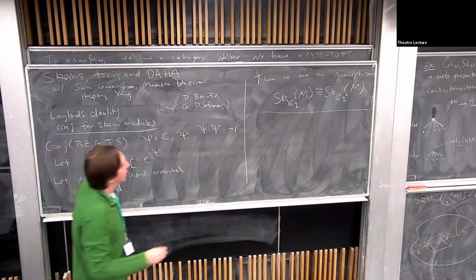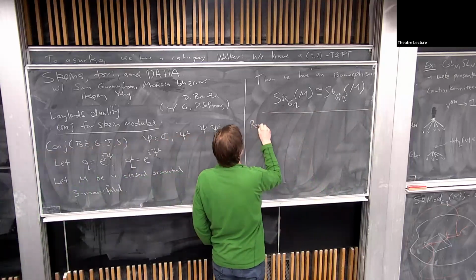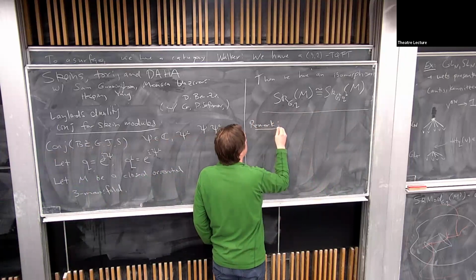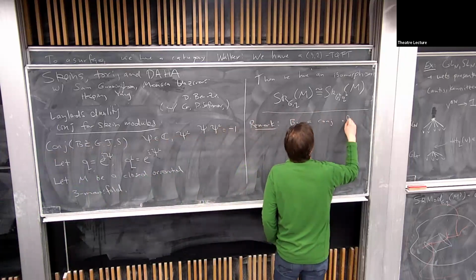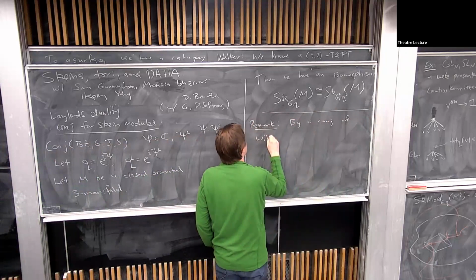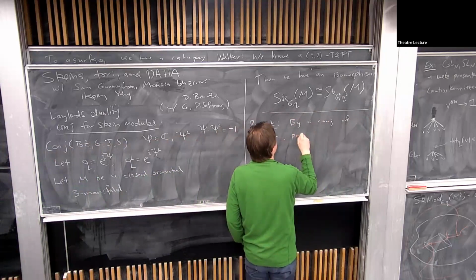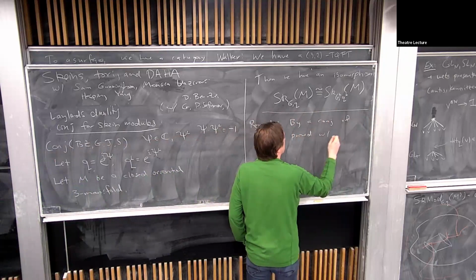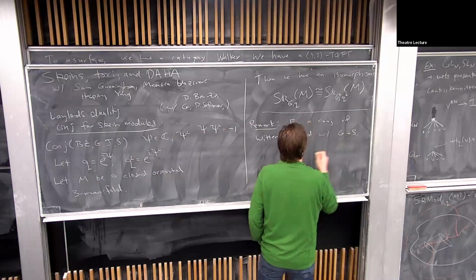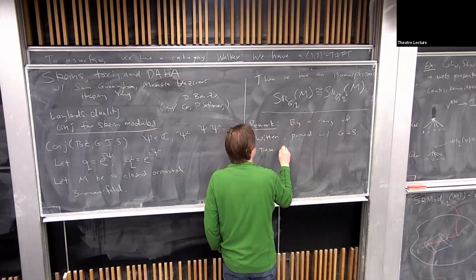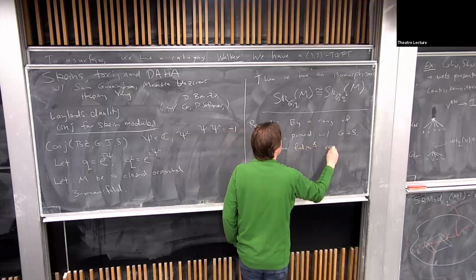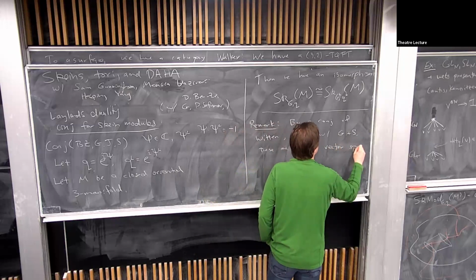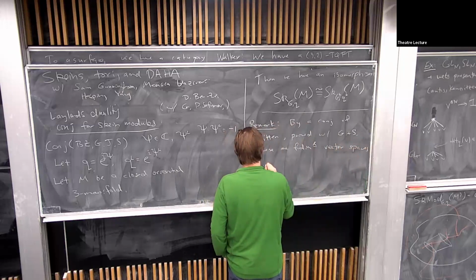Let me make a remark that by conjecture of Witten, which we proved with Gunningham and Safronov, these are finite dimensional vector spaces when q is generic.